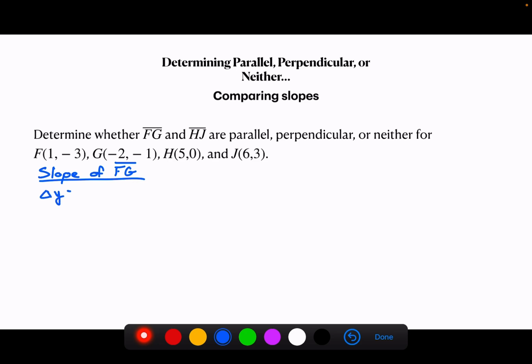The change in y is going to be -3 minus -1. This is going to give us -2. The change in x is going to be 1 minus -2. This is going to give us +3. So therefore, our slope is going to equal -2/3.